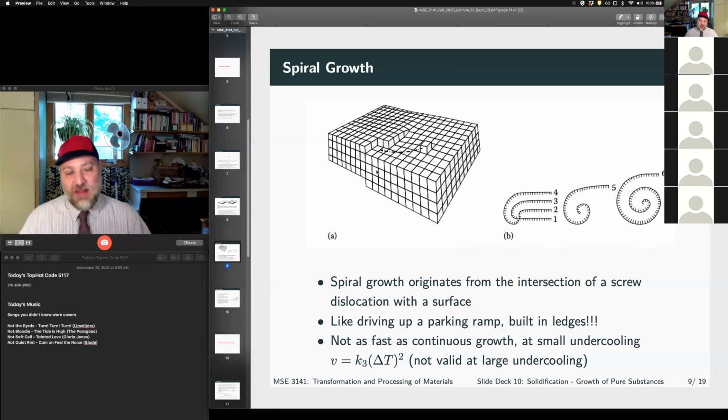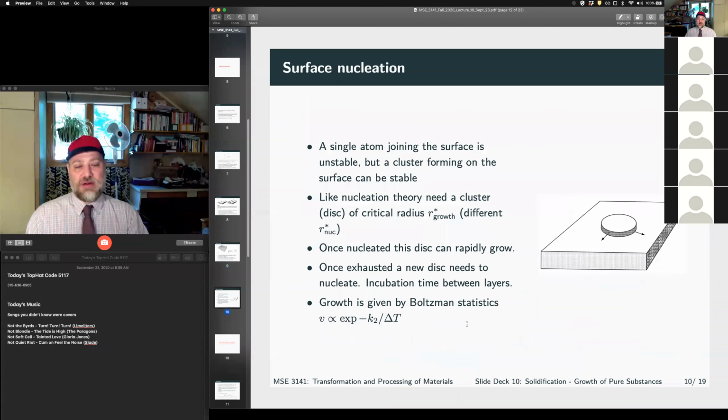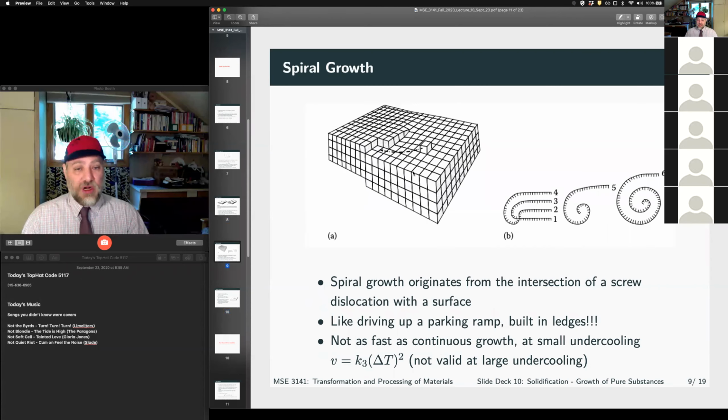But what really happens is this velocity curve approaches asymptotically the continuous growth curves. And I accidentally left out a slide that showed that. Basically, it showed that at very large undercoolings, the velocity of all three of these mechanisms approaches each other. But at lower undercoolings, surface nucleation is the slowest, spiral growth is faster, and then continuous growth is the fastest.